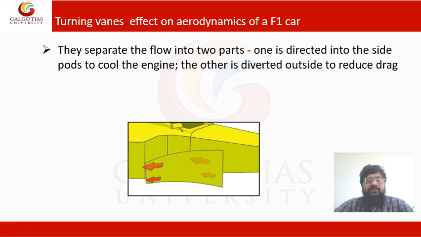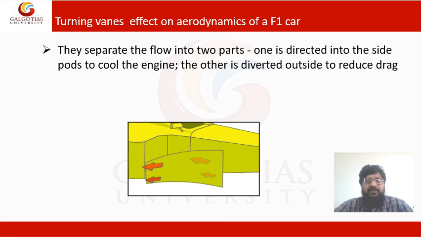Another design in Formula One racing cars is turning vanes, which are designed in a way that they separate the flow into two parts.